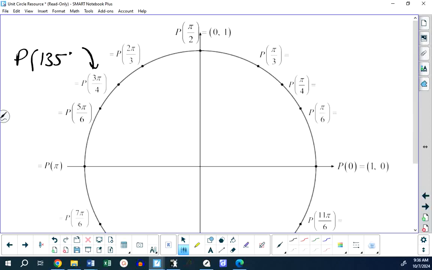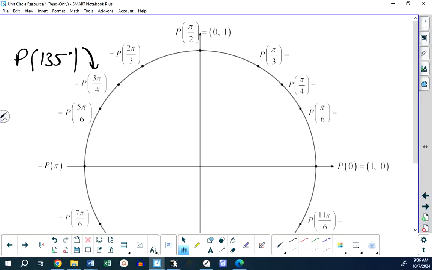Take the cosine of 135 degrees. You get negative 0.707, which is negative root 2 over 2, which is the x-coordinate at that point. Take the sine of 135 degrees. You get positive 0.707, which is root 2 over 2. Well, it's the decimal approximation.